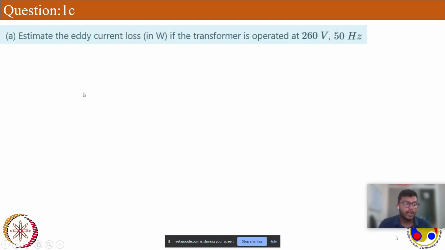The same way we did for hysteresis, let's now calculate the eddy current loss. I will write the formula for eddy current loss here, and I also want you to calculate along with me.